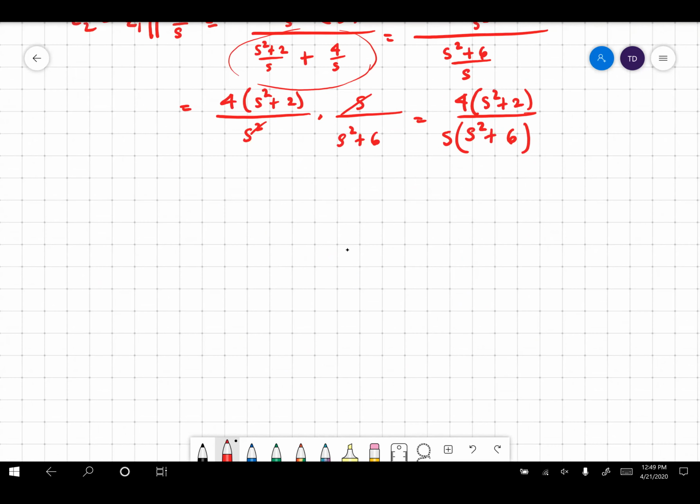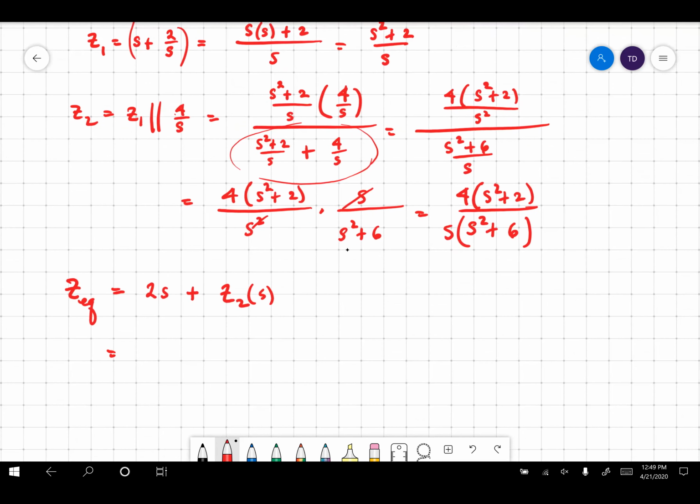Okay. So now our Z equivalent is equal to 2S plus this mess, which was Z2. Let's stick with Z2, not Z2 of S. So that's equal to 2S plus 4 times S squared plus 2 divided by S squared plus 6.